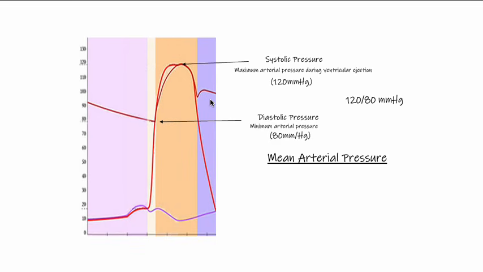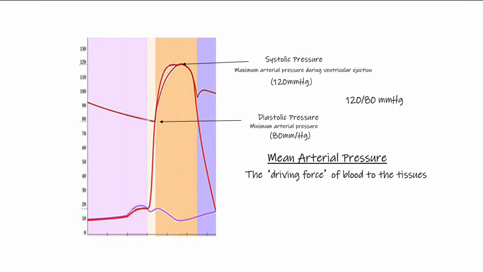Recall that if we look at these different phases of the cardiac cycle, here we have systole, and the purple represents diastole. We actually spend more time in diastole than systole.